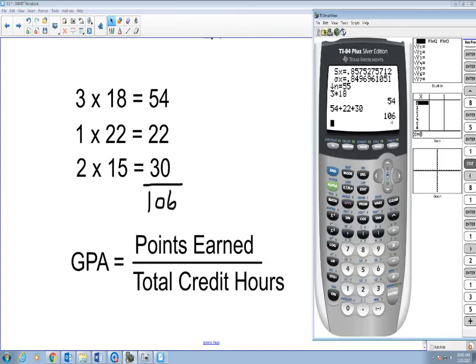That means this 106 will be divided by the total credit hours, which is 18 hours plus the 22 hours plus the 15 hours. And that will give me my same GPA. That's how we compute GPA by hand.